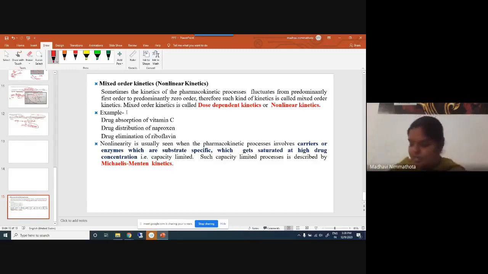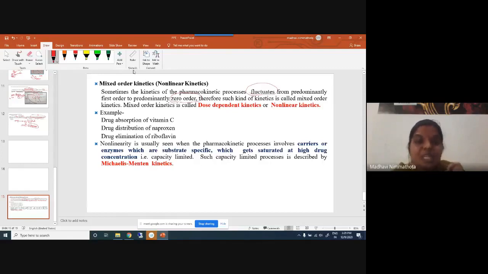See, sometimes the kinetics of the pharmacokinetic processes fluctuates from predominantly first order to predominantly zero order. That means first it will be dependent upon drug concentration and later it won't be dependent. Therefore, such kinds of kinetics are called mixed order kinetics.